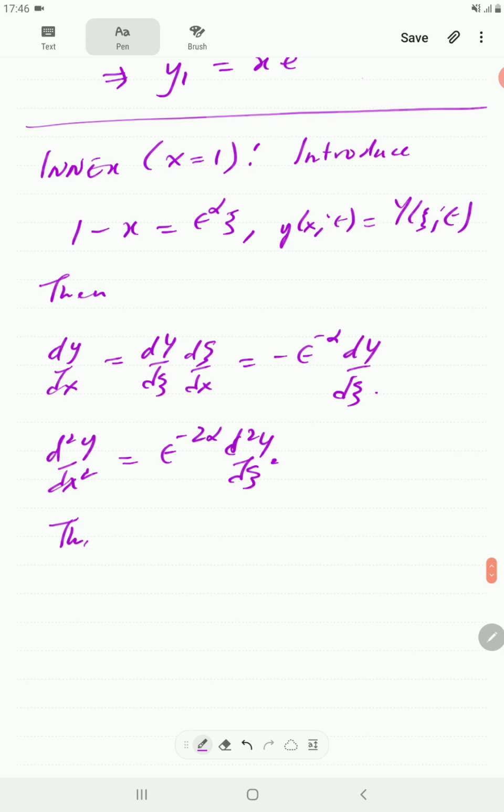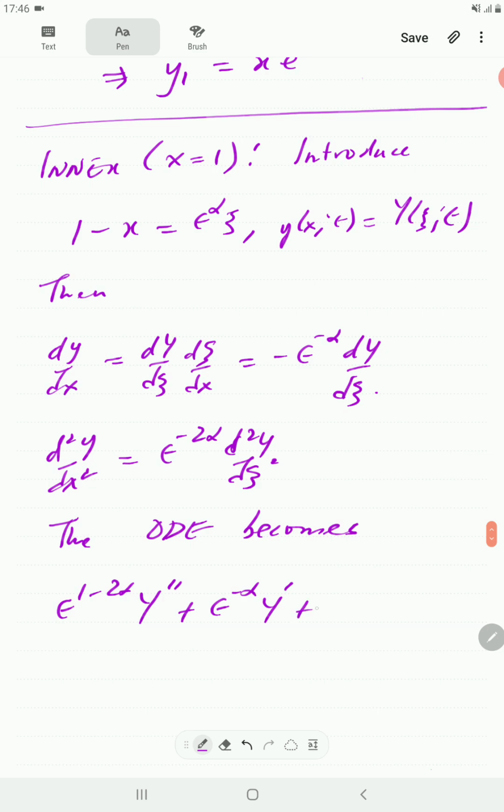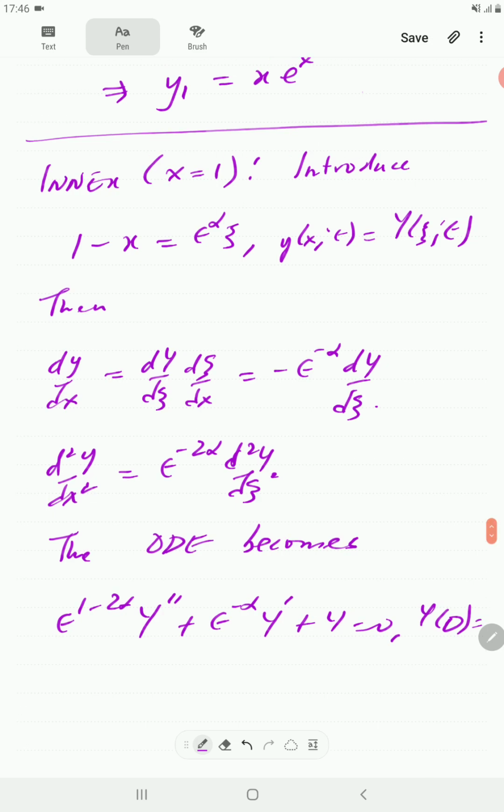So the ODE becomes, so we're going to have epsilon to the power 1 minus 2 alpha second order derivative, and then this term becomes plus, and of course this remains as it is. This is at the end x equal to 1.